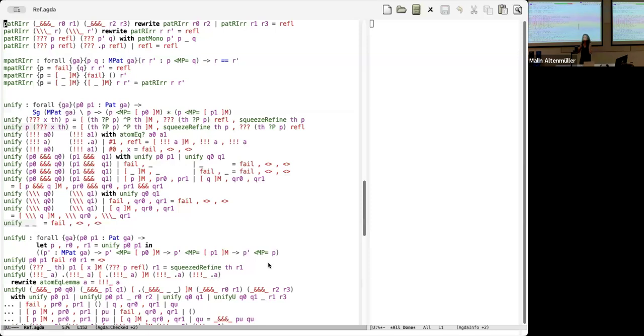I'm using this unify to match the patterns in the introduction rules with the patterns in the elimination rules and see which things actually fit together properly. So this is the exact same construction giving you equality on terms from the primitive production relation, repeated with the morphism for patterns to give you unification.